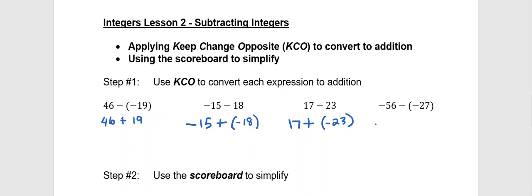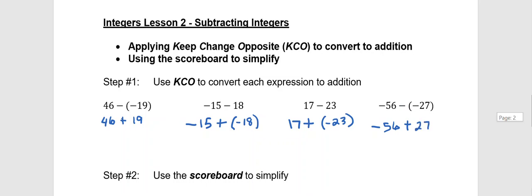And the last expression, we're going to keep the negative 56. We're going to change the subtraction to addition. And we're going to add the opposite of negative 27, which is positive 27.